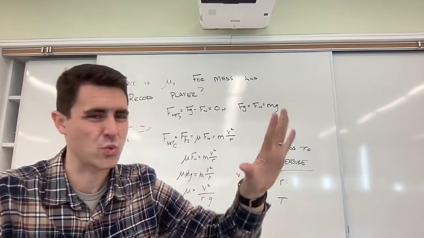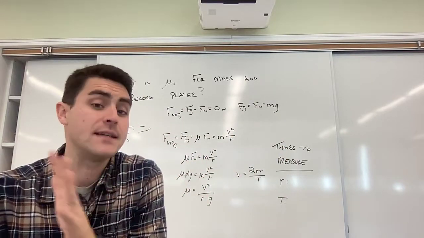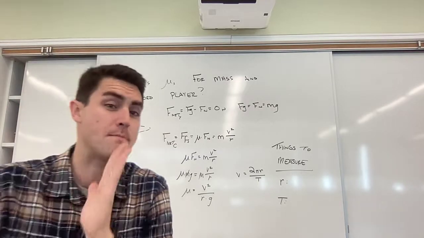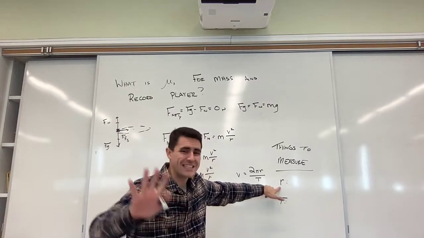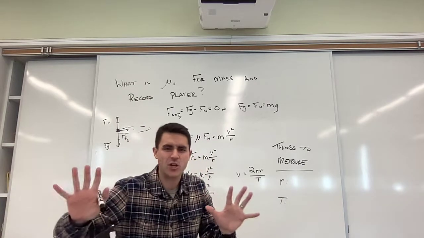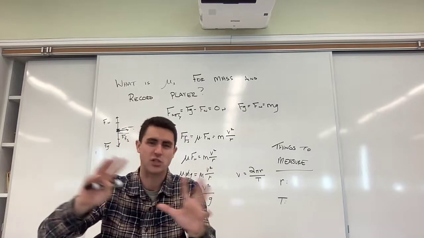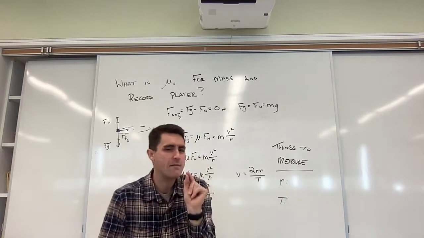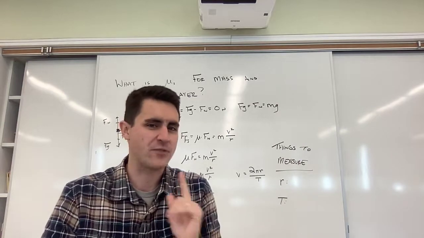Static friction is one of those weird frictions that increases the more and more you push on it until you overcome its maximum, its threshold. So we're looking for the maximum friction. So this is the radius at which static friction is applying its maximum force. Its absolute maximum. It's doing the best it can. So I'm going to look for the radius right before my mass goes flying off.